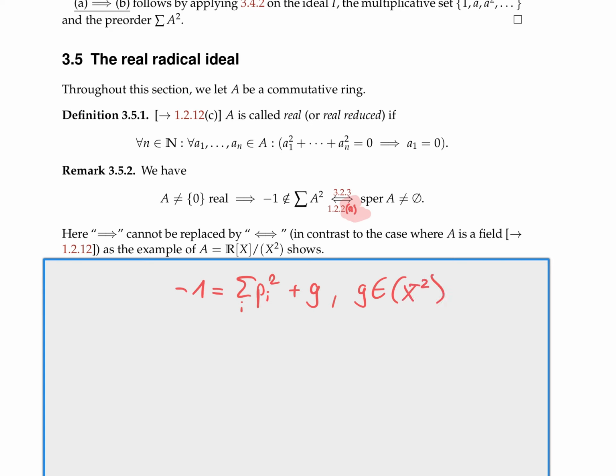But the elements in this ideal are just the polynomials that don't have a constant and a linear coefficient. The constant coefficient of such a sum of squares of polynomials must be a sum of squares of real numbers, so it's a non-negative real number. And this g does not have a constant coefficient, so I have here that -1 is a non-negative real number by comparing the constant coefficients on both sides.